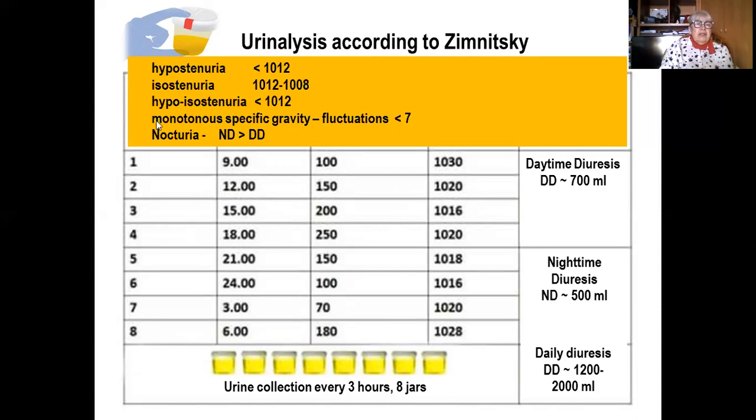In these cases, monotone specific gravity is also very important. It means fluctuations of the specific gravity of less than 7. And nocturia is when the nighttime volume is above the daytime.